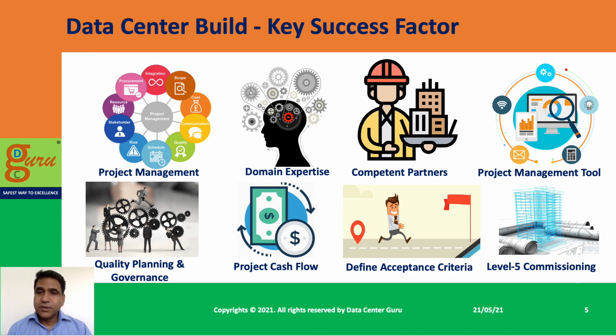Imagine, without reviewing the risk of a gap, if you are putting it under the carpet, it can act as a time bomb and explode at any point of time. Stage-wise commissioning from level 1 to level 5 eliminates the entire issue, because you are able to identify the gaps at the right time, and before you do the next level of commissioning, you ensure that the previous gaps identified in the commissioning are complete.